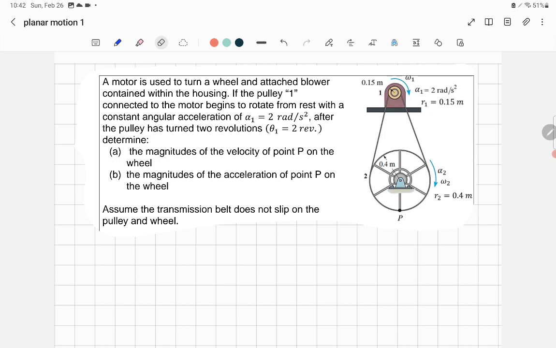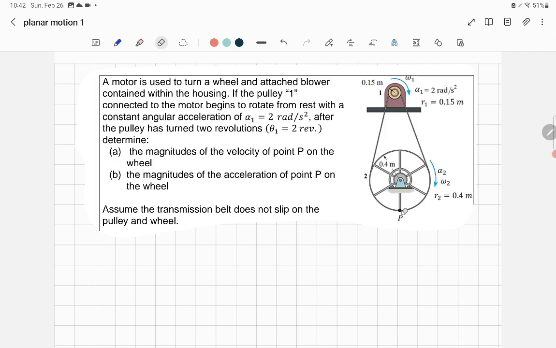And the question is, after the pulley that is connected to the motor has made 2 revolutions, what do 2 revolutions mean? That's 1 and 2. After 2 revolutions, we want to find the magnitude of the velocity of point P on the wheel, and then the magnitude of the acceleration.